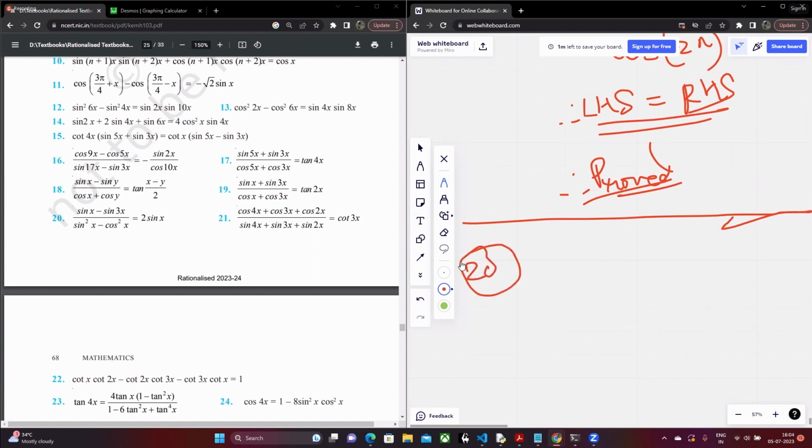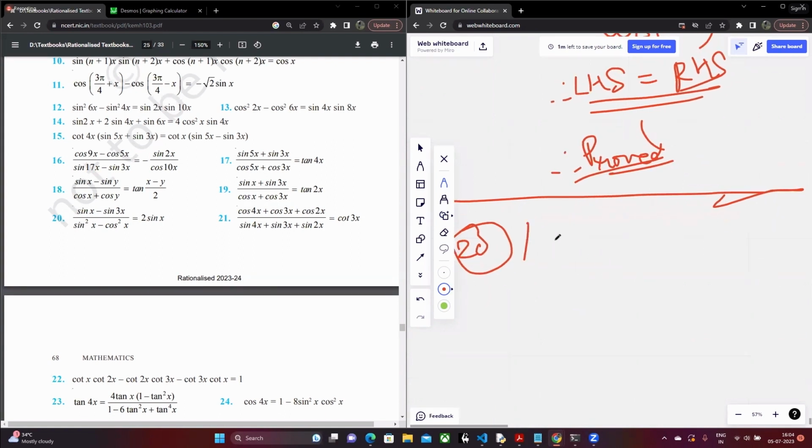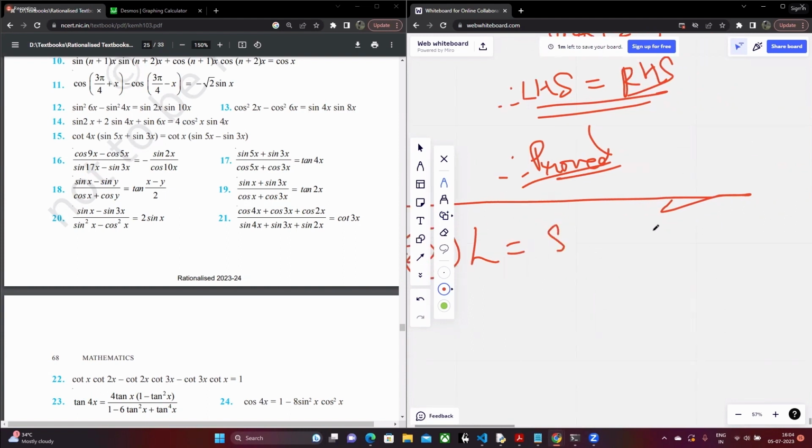Question number 20. Sin x minus sin 3x by sin square x minus cos square x is 2 sin x. Right? Again, right hand side is a fairly simple expression. I only deal with left. L is equal to sin x minus sin 3x divided by sin square x minus cos square x.